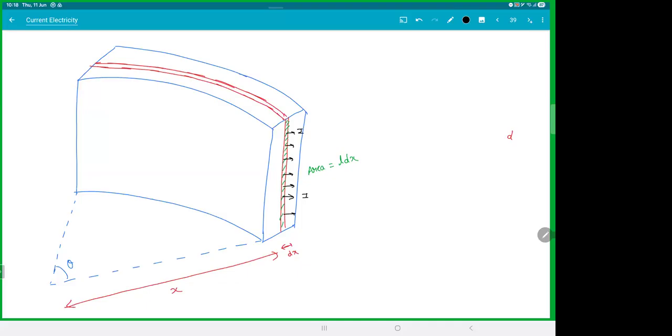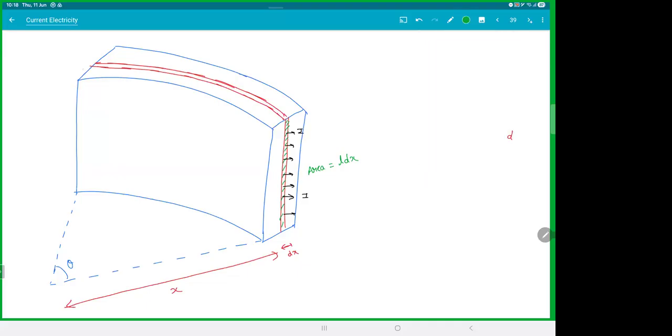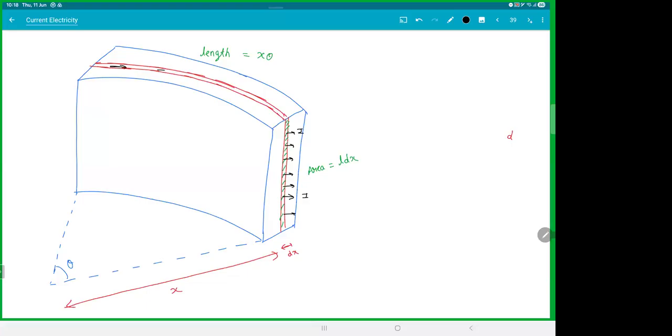This is how the current is flowing out from that thin strip. And what is the length of the strip? The length of the strip will be x theta. So this current is flowing along the strip, everyone, like this. Are you guys able to see the strip?